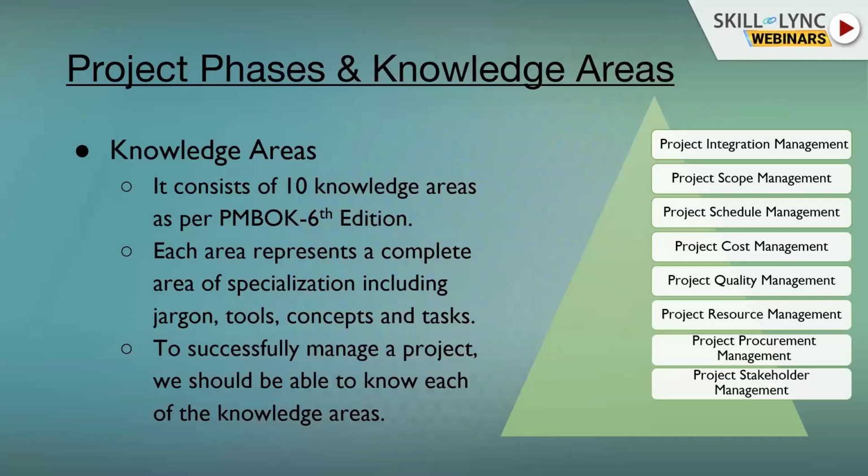Identifying skilled, knowledgeable, experienced persons and allocating them to a particular activity is called resource management. Resource optimization also comes under project resource management. We should look that a particular resource should not be kept idle.